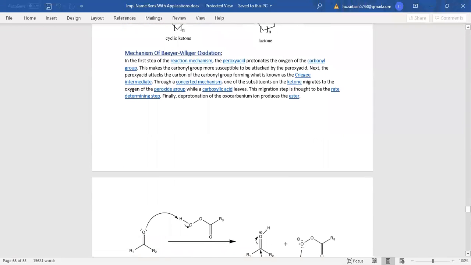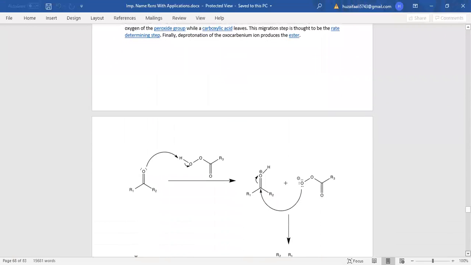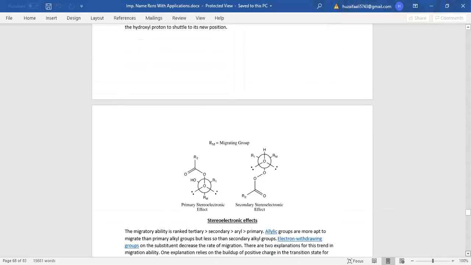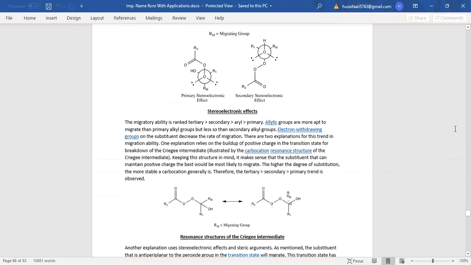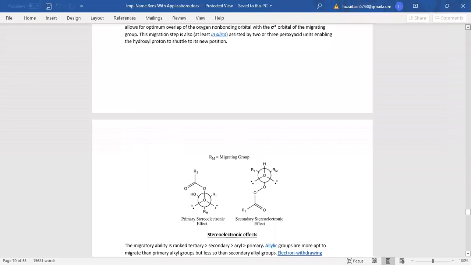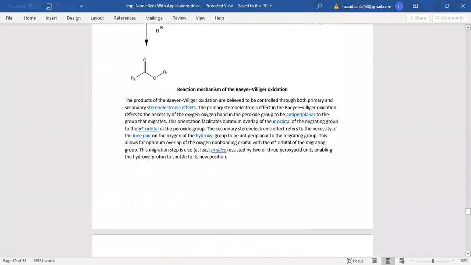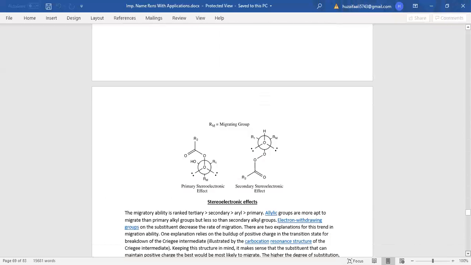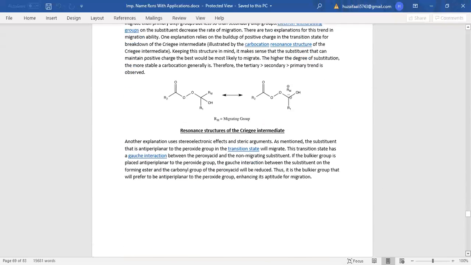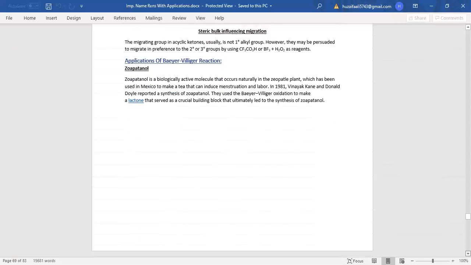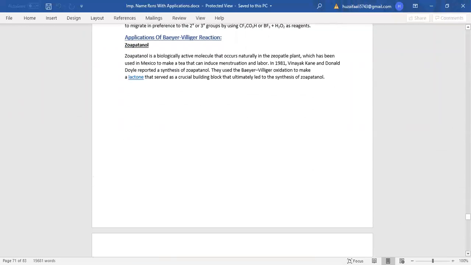Mechanism of Baeyer-Villiger oxidation. Applications.